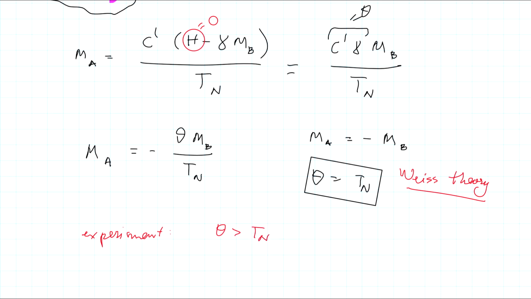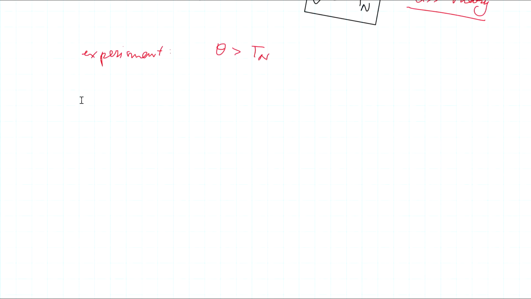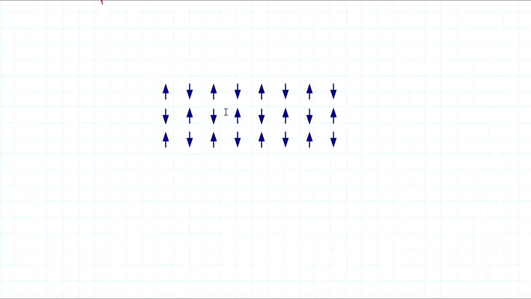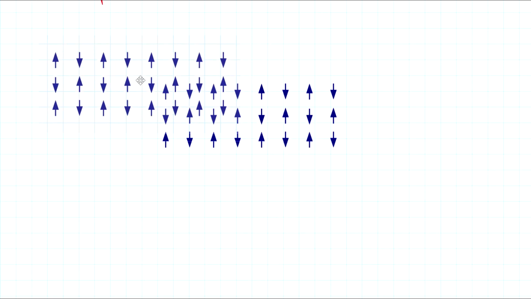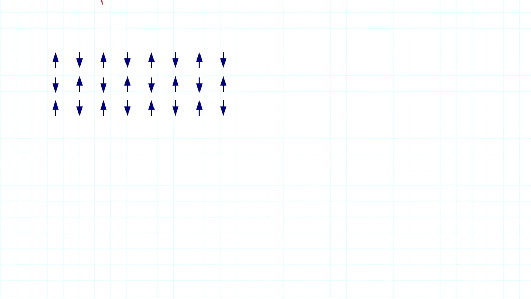Okay, so now also, if you look at the susceptibility in the antiferromagnetic state. So let me get my antiferromagnet here. So this is the antiferromagnet. It turns out that susceptibility at T less than T Neel.